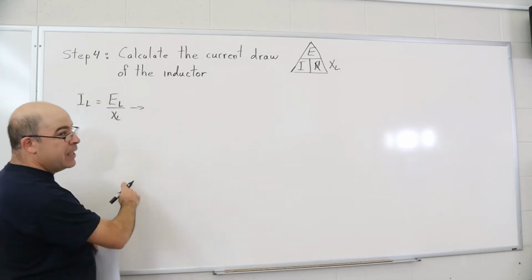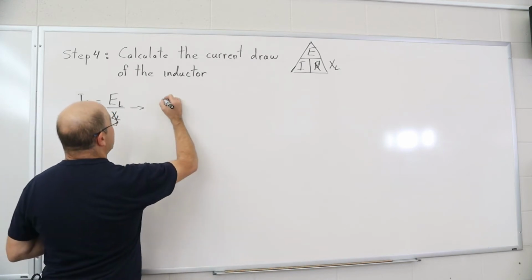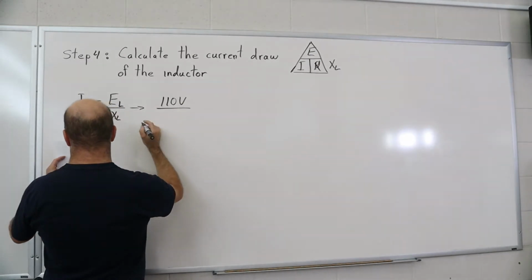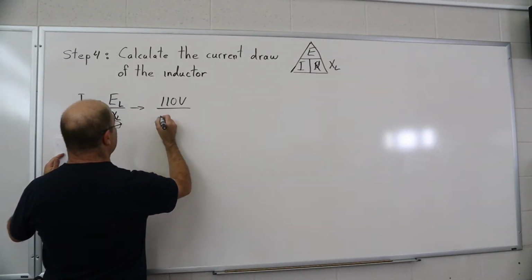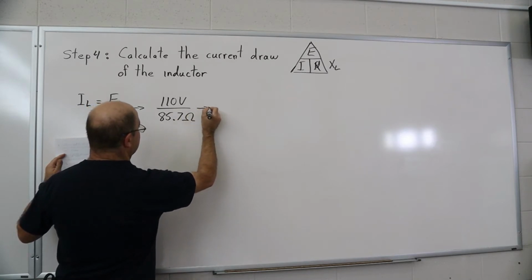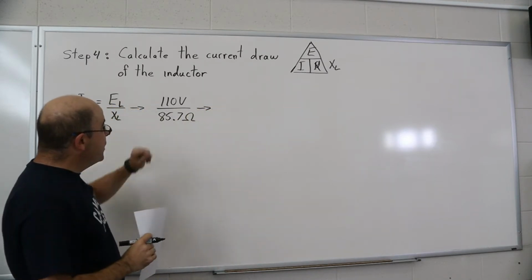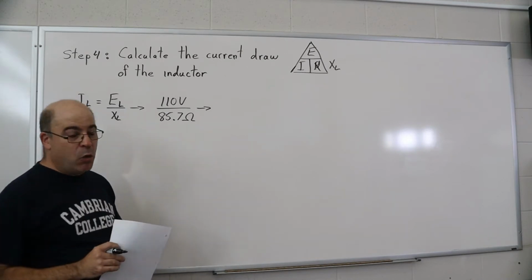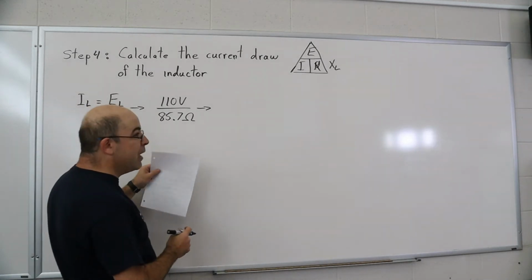Now, let's go ahead and input our values. 110 volts divided by the 85.7 ohms, and input that into a calculator.